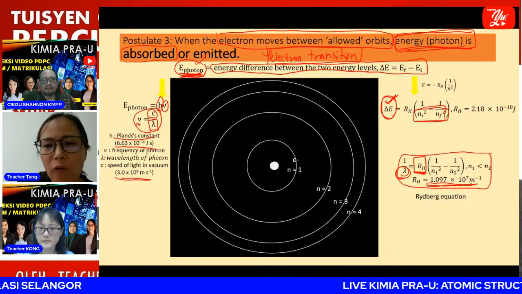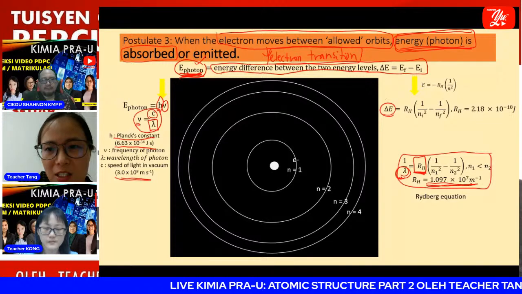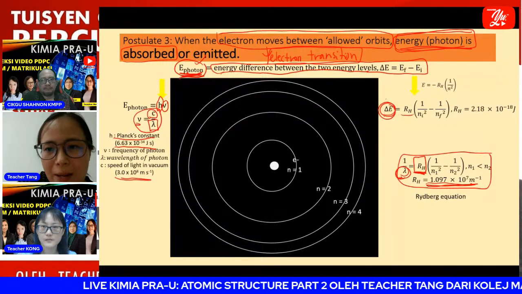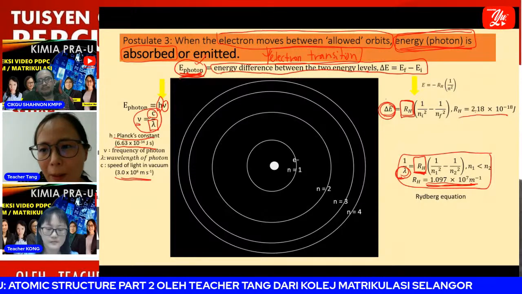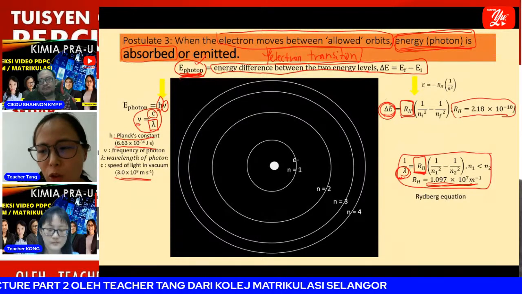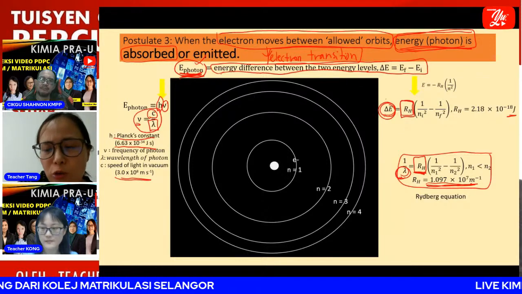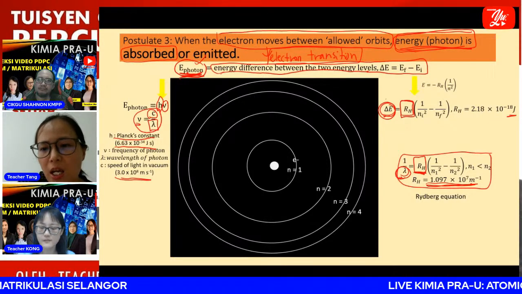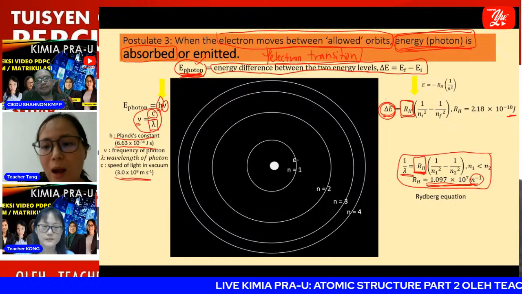For this formula, because this is the difference in energy, the Rydberg constant here will be 2.18 times 10 to the power of negative 18 joule. So you just need to look at the unit. Joule is used to calculate the energy, while per meter is used to calculate the wavelength.